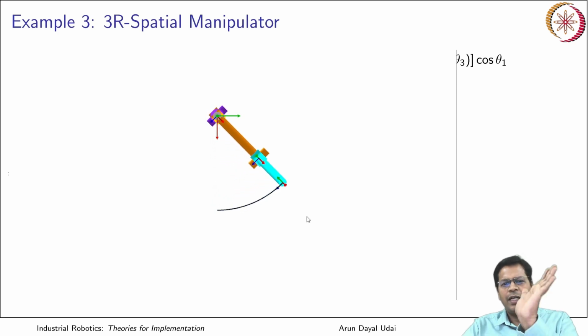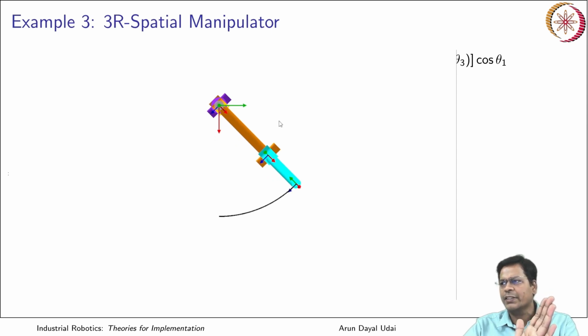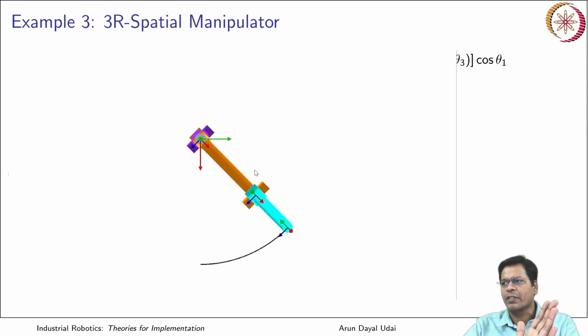Got it? So it is a complete plane on which the 2 degree of freedom robot lies. You see that plane is moving. That plane is rotating. That plane carries the 2 links, the first link and the second link, which was the 2R subset.